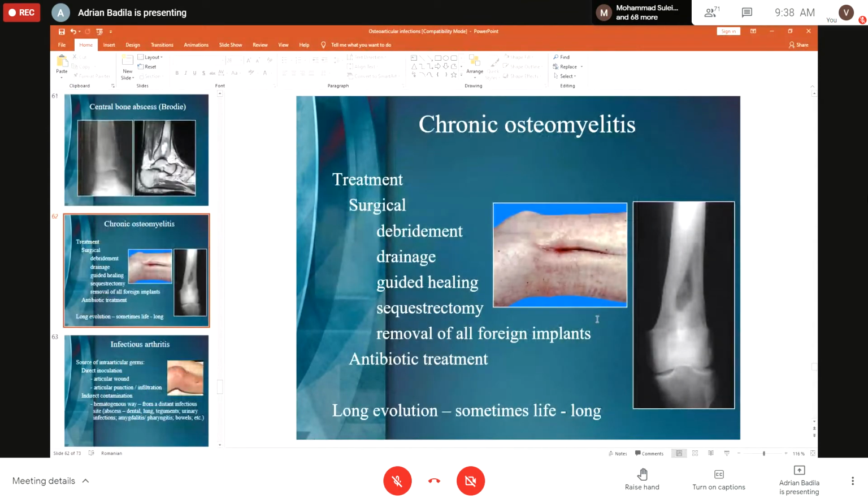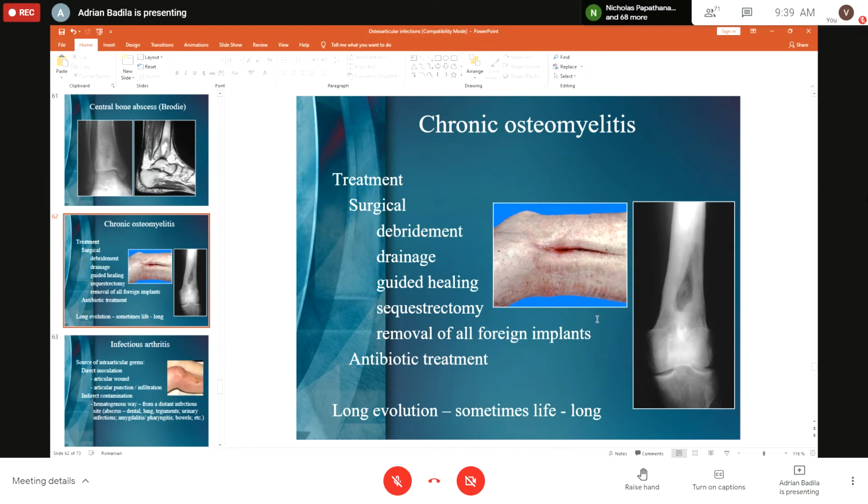The treatment will be an association between the surgical treatment and antibiotic treatment. The surgical treatment will consist in debridement, drainage, guided healing, sequestrectomy, and removal of all foreign implants. That means prosthesis, metallic implants like nails, plates, screws, wires, and so on.